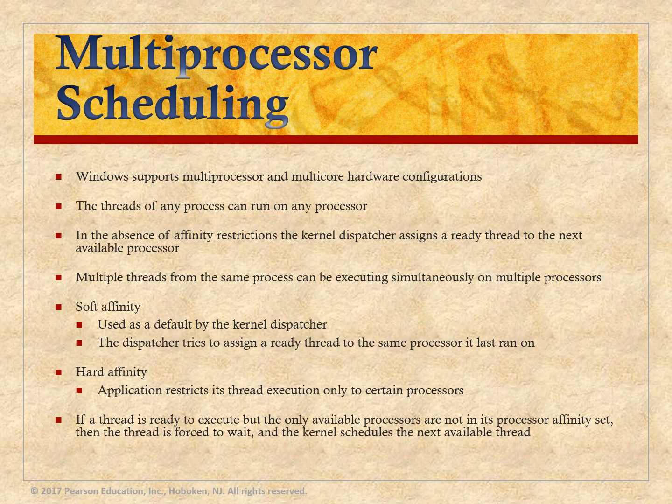We go to multiprocessor scheduling in Windows. Okay, so Windows supports multiprocessor and multi-core hardware configurations, but not all of our machines support hyperthreading, which you need to activate in the BIOS.